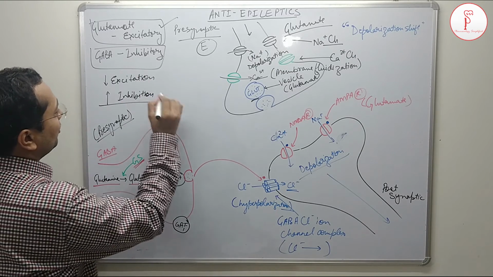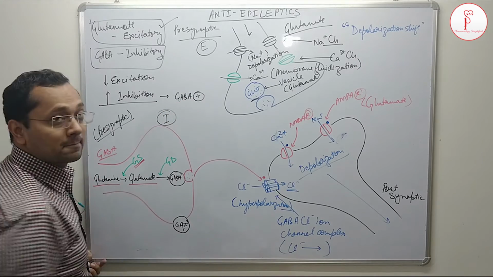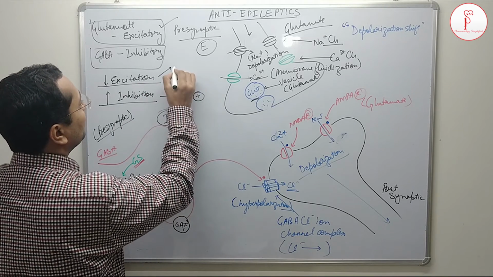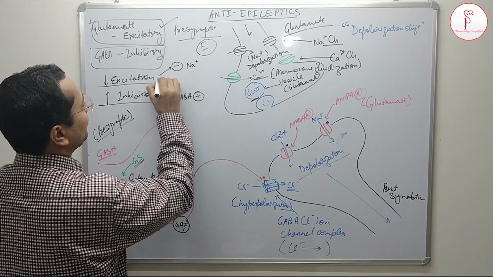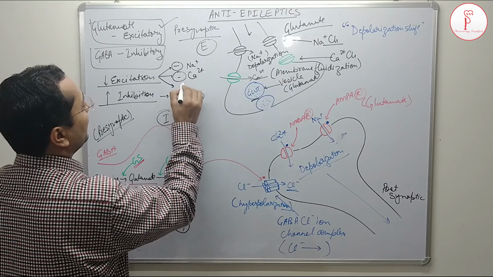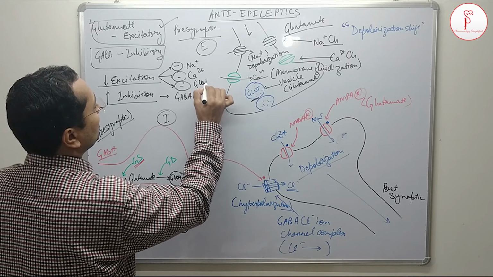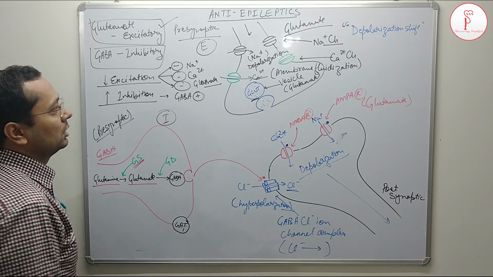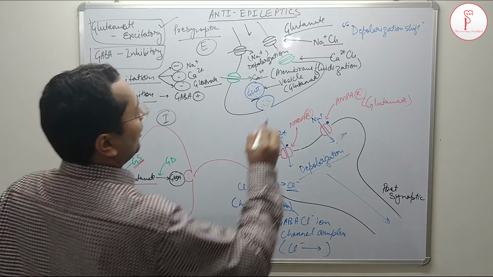For increasing the inhibition, we will stimulate GABA, and for reducing excitation, we will inhibit sodium channels, we will inhibit calcium channels, and we will inhibit glutamate, right? How are we going to achieve this?